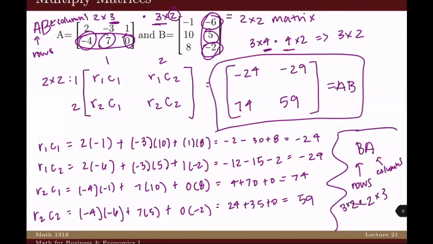So BA would actually be a 3 by 3 matrix and not a 2 by 2. So you're going to get something completely different if you did BA instead of AB. All right, let's keep going.